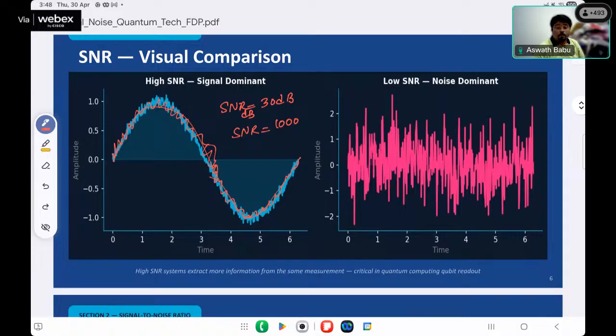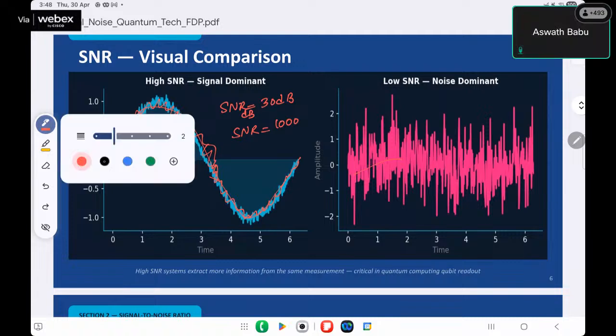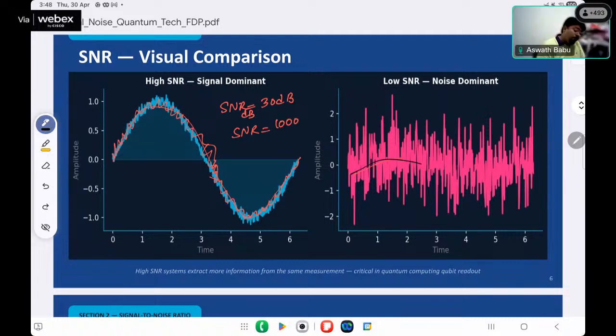Okay, but if my signal strength is so small, it is like this. Let me take a different color so that you people can see. The signal is something like that, but your disturbance is so much. Unless I concentrate, I will not be able to figure out whether it is a harmonic sinusoidal signal or not.